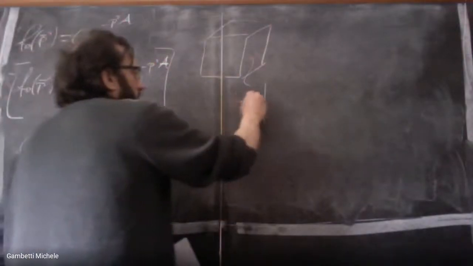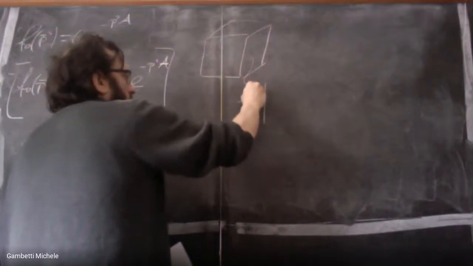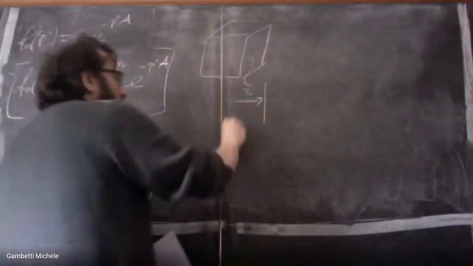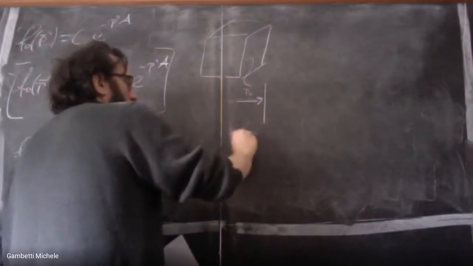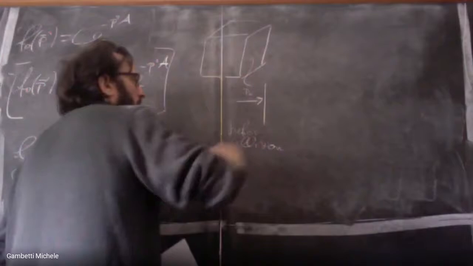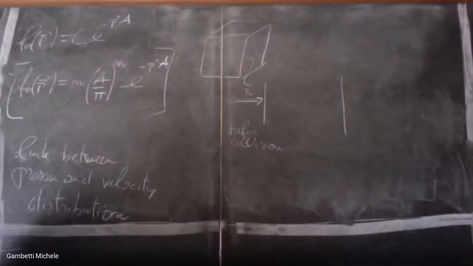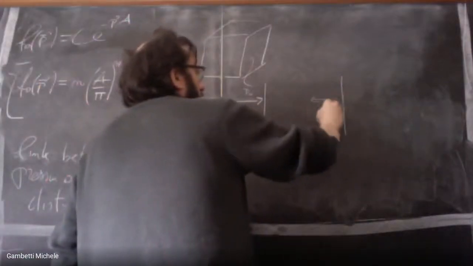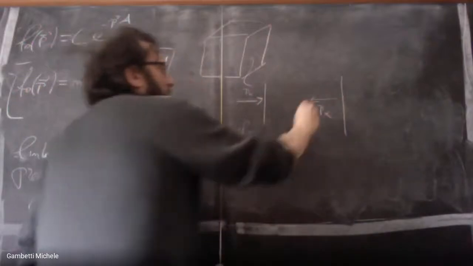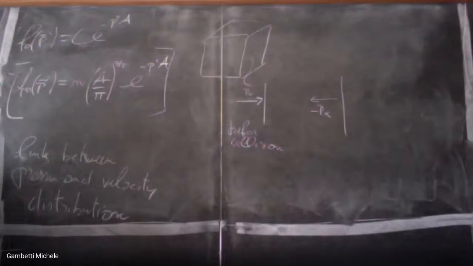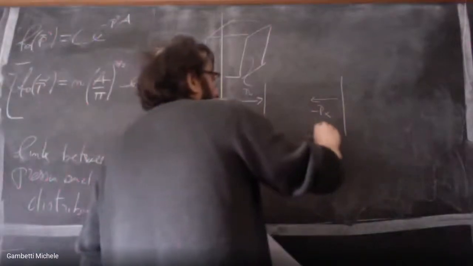But anyway, let's take a particle that propagates with a certain momentum px before collision. And after collision, we are implicitly assuming that the box corresponds to a potential which is infinite at the surface of the box and is zero inside the box. So I will have a full reflection of the particle with a momentum which is minus px after the collision.